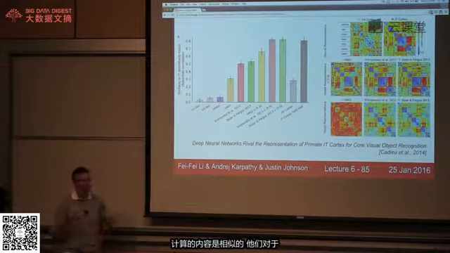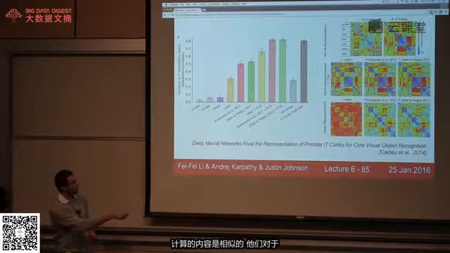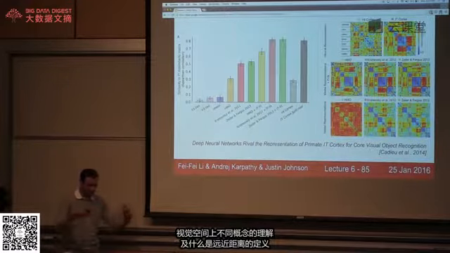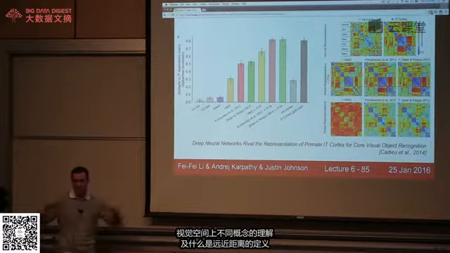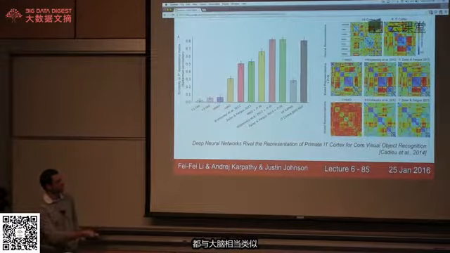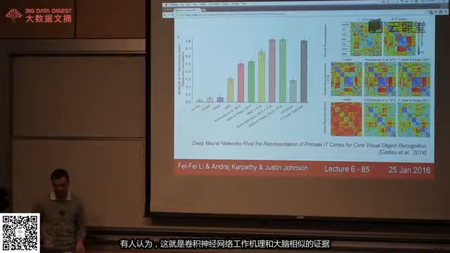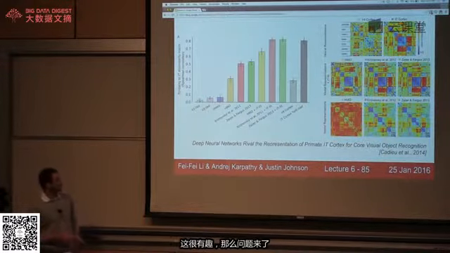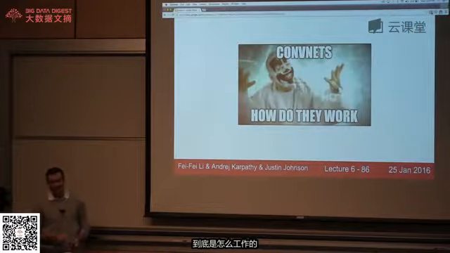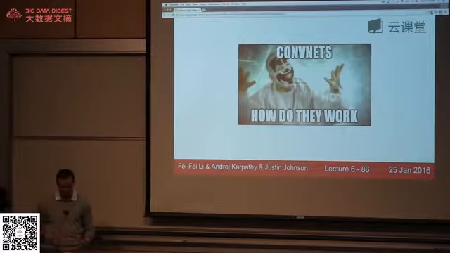It almost seems like similar things are being computed. The way they arrange the visual space of different concepts, and what's close and what's far, is remarkably similar to what you see in the brain. And so some people think that this is some evidence that ComNets are doing something brain-like, and that is very interesting. So the only question that remains then in that case is, how do ComNets work? And we'll find out in the next class. So that's it. Okay.